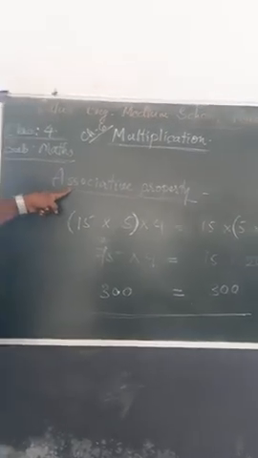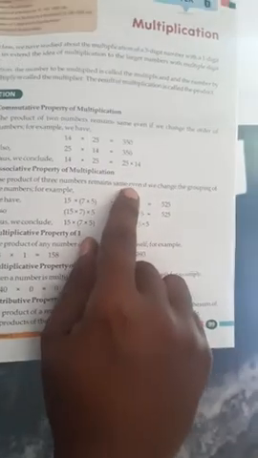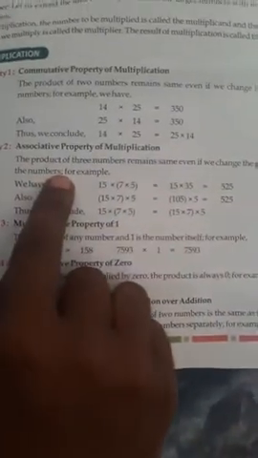This is the associative property. The product of three numbers remains the same even if we change the grouping of numbers.